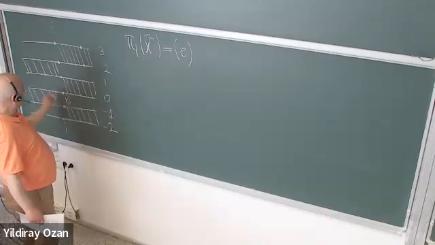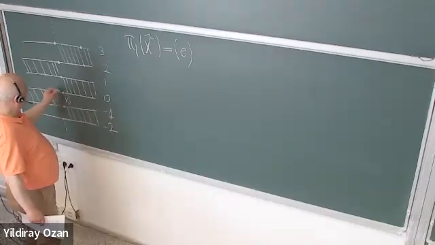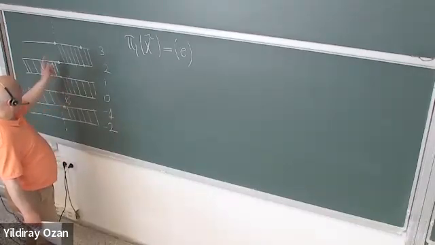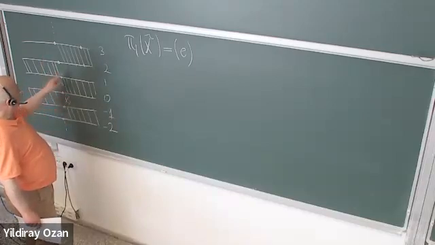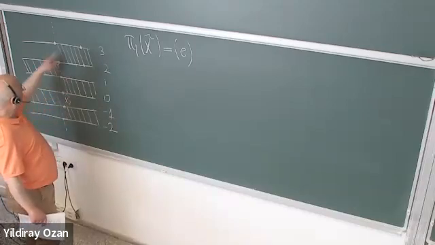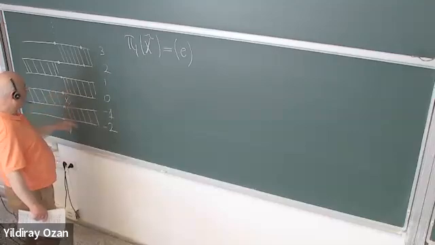It is clear, because if you choose a loop based at this point, its image will be a compact subset, and therefore it will just touch finitely many of these real lines.